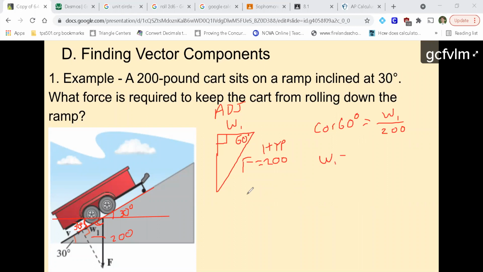Which means W1 is 200 times the cosine of 60 degrees. Calculator. 100.